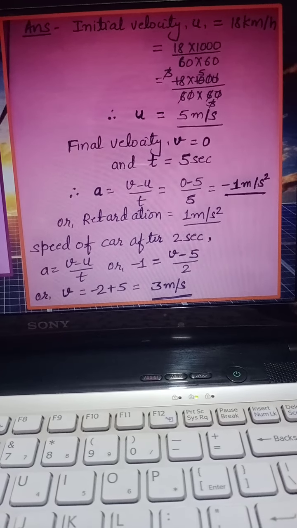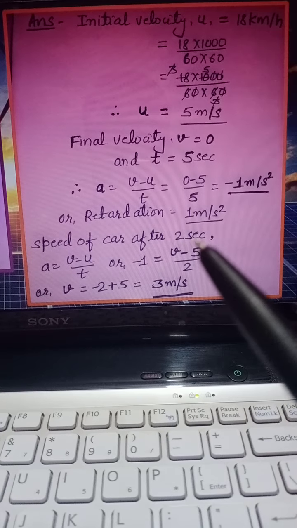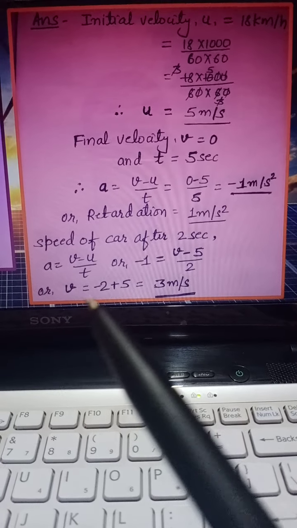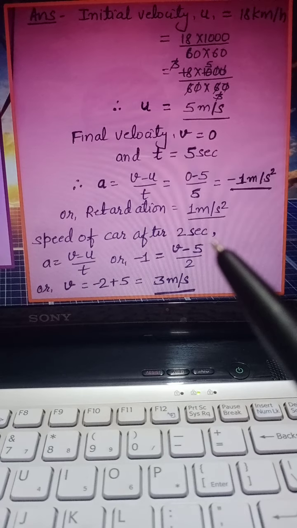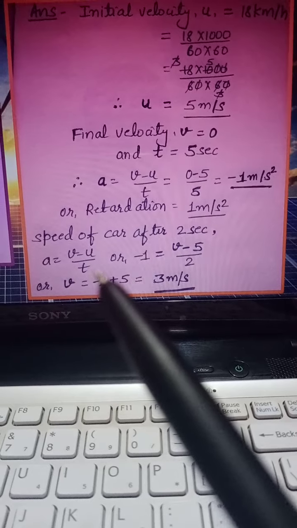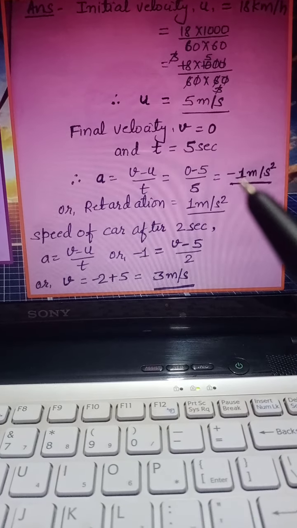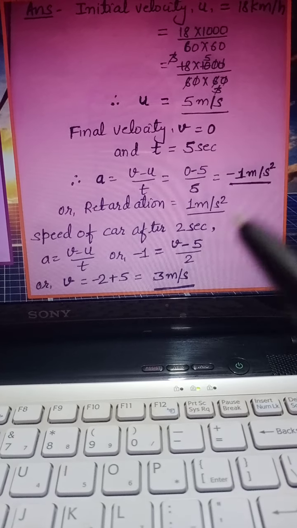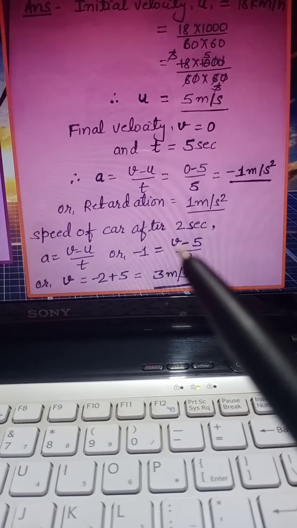Then next in the question we have to find out the speed of the car after 2 seconds. To find this, again we are going to use the formula a is equal to v minus u by t. Here a means acceleration, which we have already found, minus 1 meter per second square. V we have to find out, meaning after 2 seconds what is its velocity.